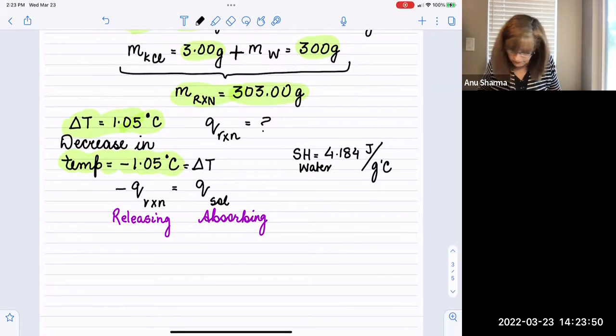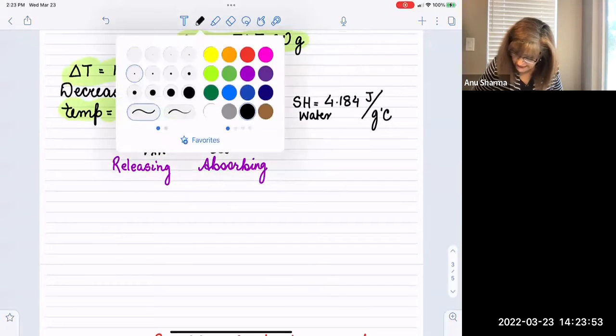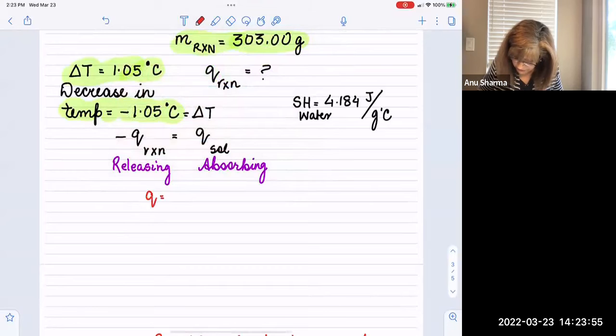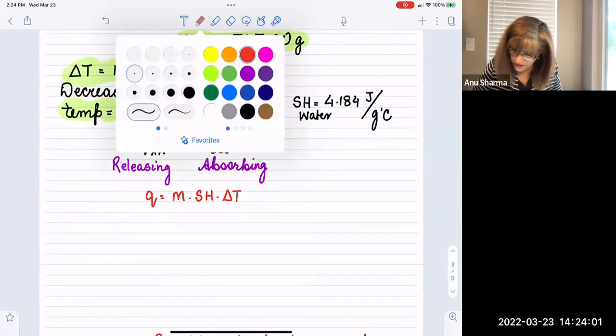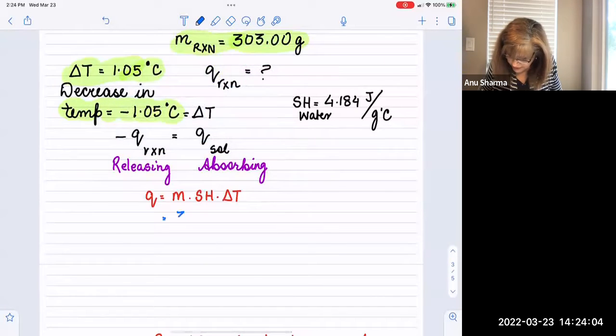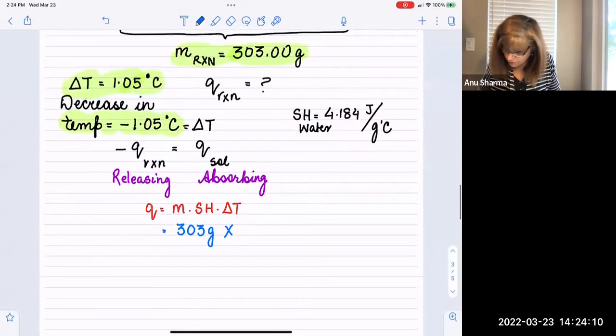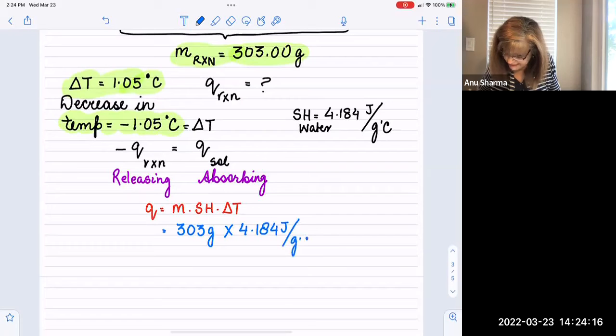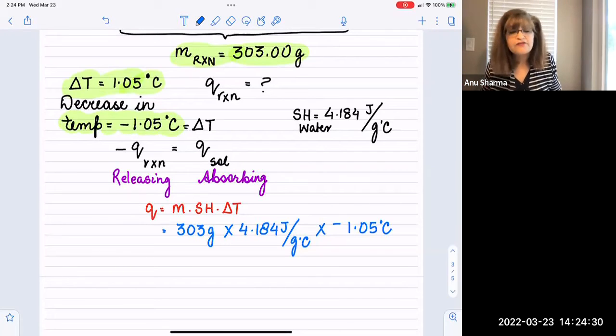The formula that is going to be used is, once again, Q is equal to M times specific heat times delta T. So we will use the mass, which is equal to 303 grams, times the specific heat of water, 4.184 joules per gram degree Celsius, times the change in temperature, negative 1.05 degrees Celsius. So remember, the heat itself cannot be negative.